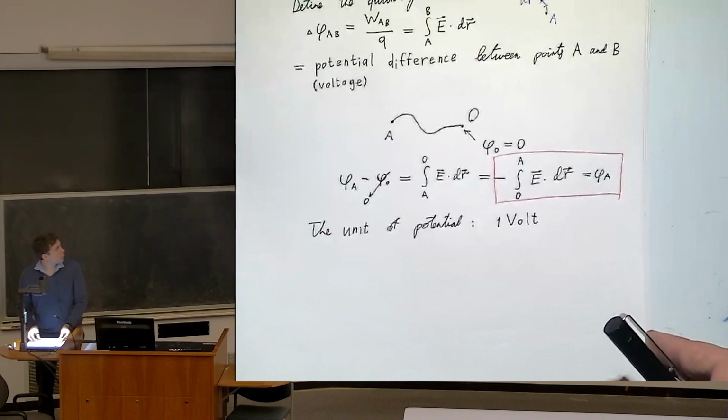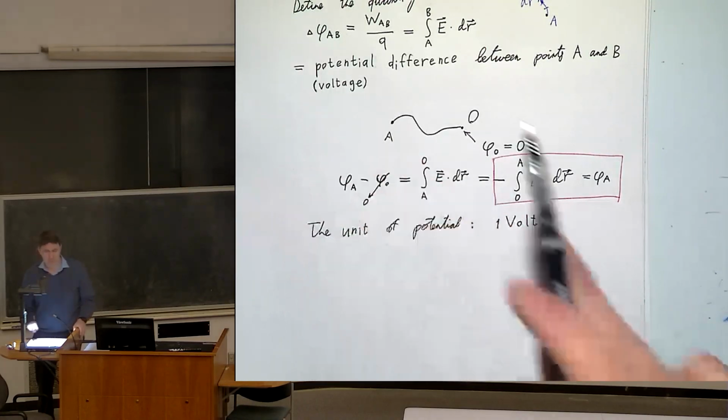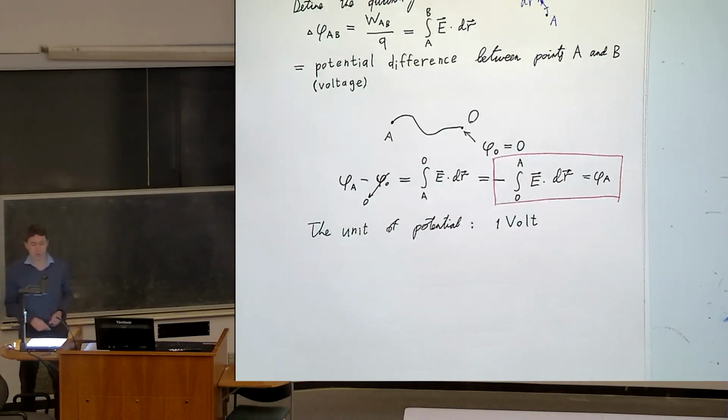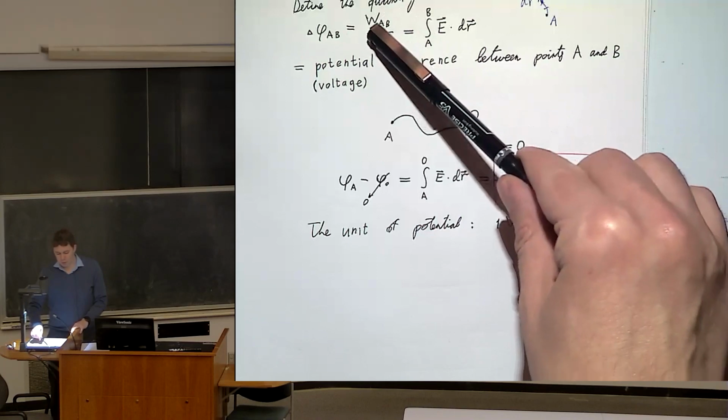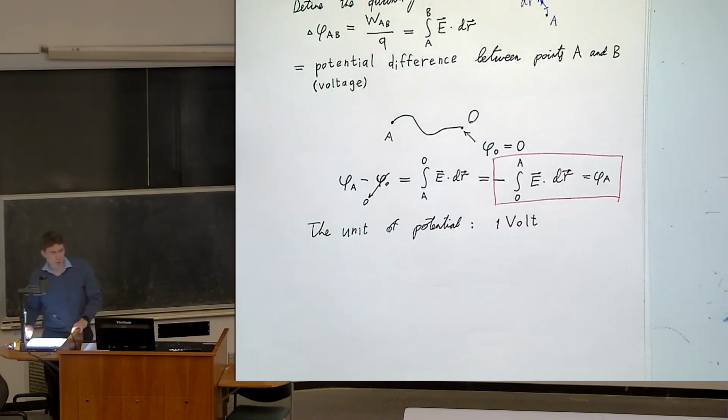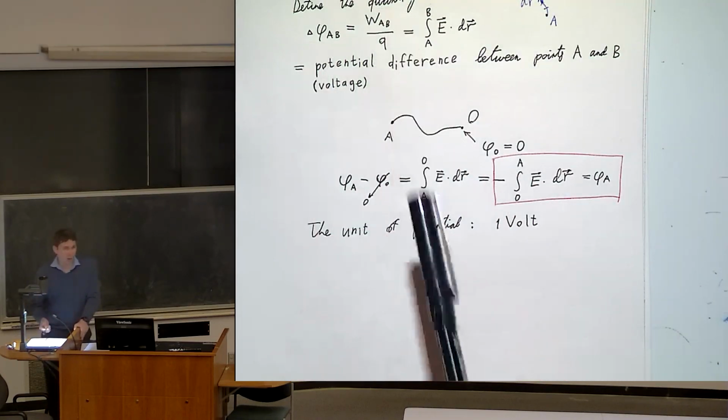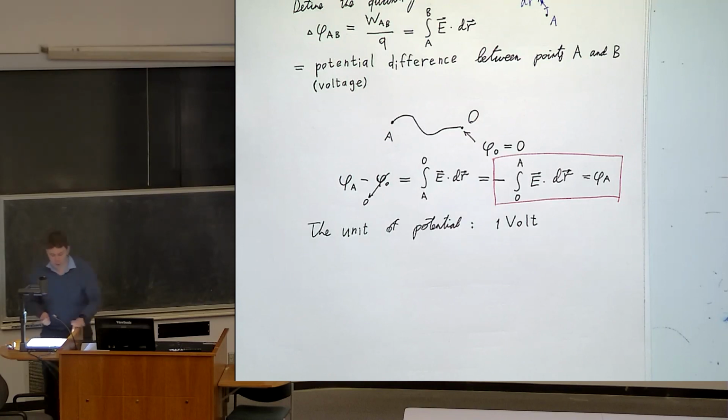So if we look at this formula for delta phi AB, the potential difference that's measured in volts, it's the ratio of work and charge. And so the units are going to be given by the same ratio.